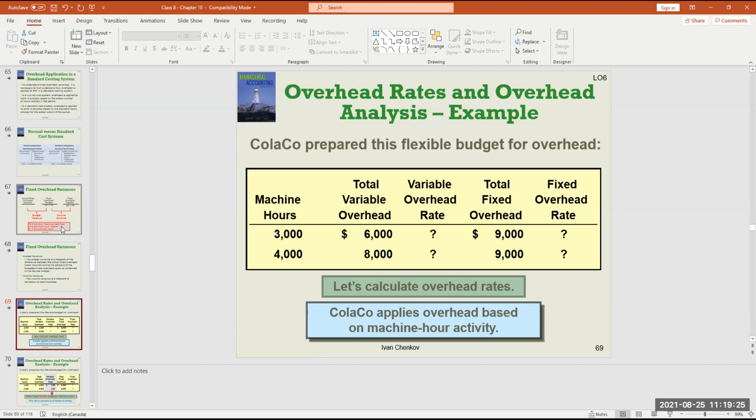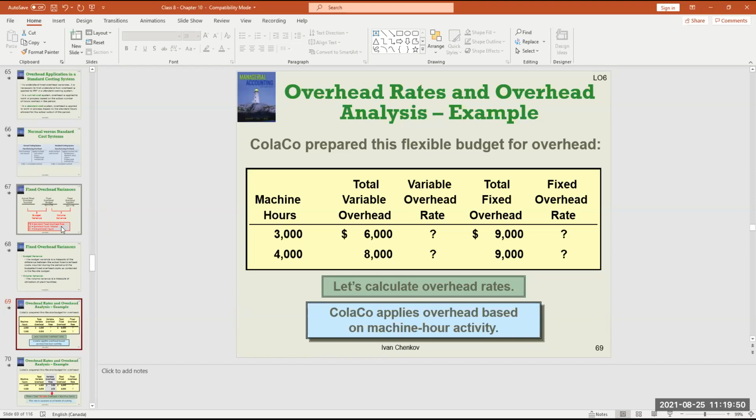So the variable overhead rate will always be the same, right? Because it is the variable overhead. How are we going to get it? We're going to divide the total cost, 6,000, by 3,000 hours, and that's going to give a $2 variable overhead rate. Same thing with the next one, 8,000 divided by 4,000, that's $2.